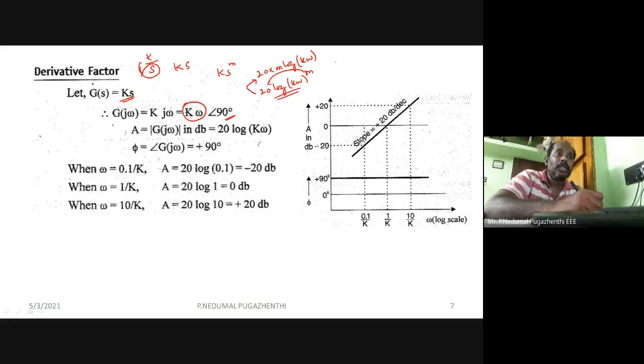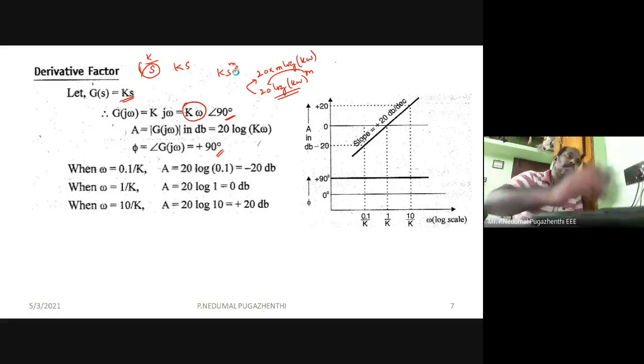So you will get this, right? And the angle also you will get 90 into m. So this is how it is going to change, and you will get a positive slope, plus 20 or plus 40 or plus 60. It depends upon the power value.